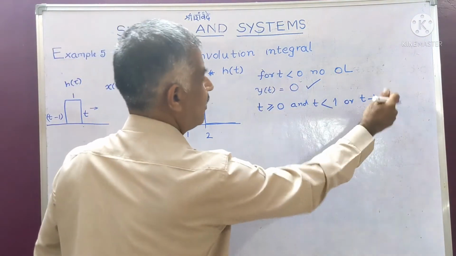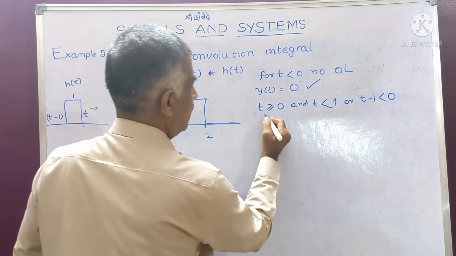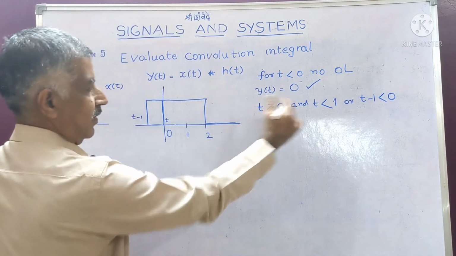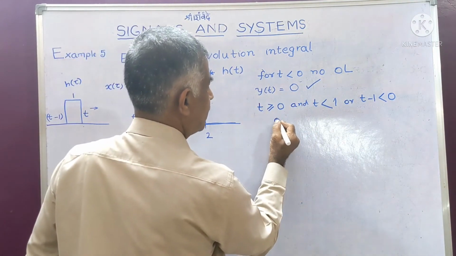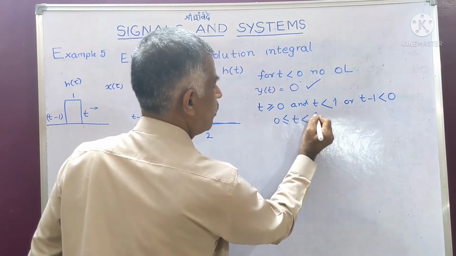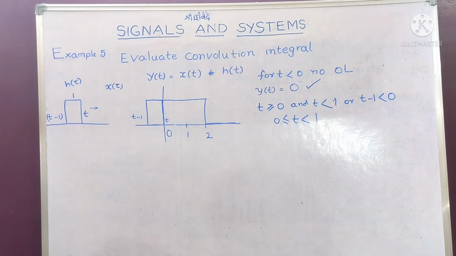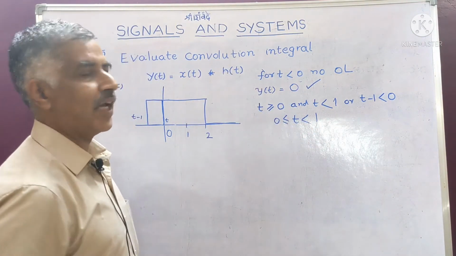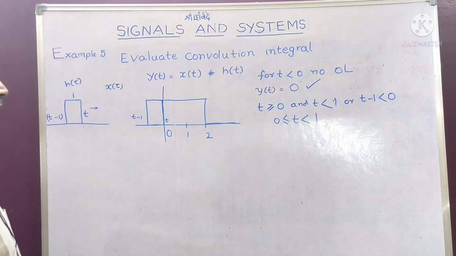Whether you take this or this, it is one and the same. So t greater than or equal to 0 and t less than 1 combine. If you combine this, 0 less than or equal to t less than or equal to 1. This is what is called a region. For that region you have to correctly calculate the convolution integral.